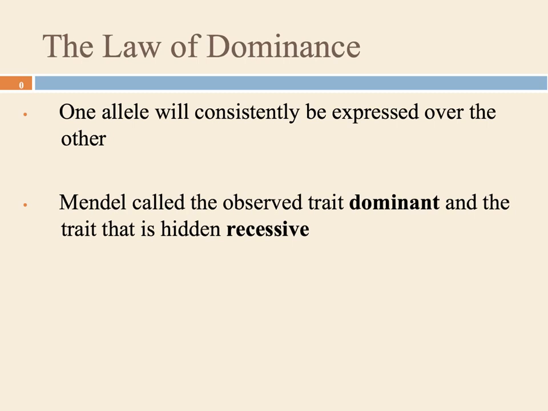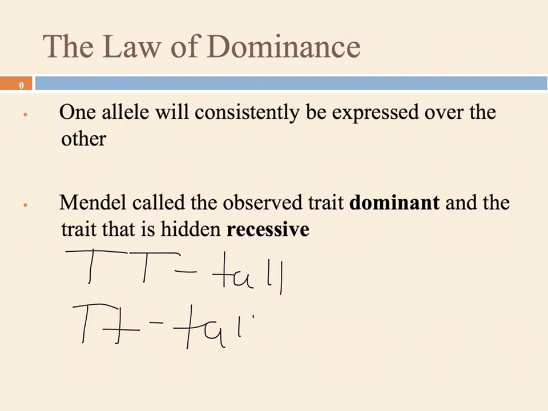What that means is that when an individual has at least one dominant allele, they're going to show the dominant trait. So an individual can be big T for, let's say, tall pea plant, so the pea plant is going to be tall. They could also be big T, little t, and they're also going to be tall because it is a dominant trait.